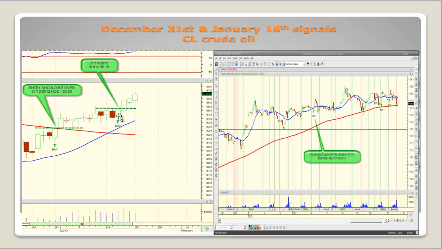And this is another entry. This is another signal. And another thing you can do, taking advantage of the multi-time frame application, is to apply the MTSS system into the intraday time frame you want to. For example, hourly time frame, and you can see signals in hourly time frame. Very successful, by the way.